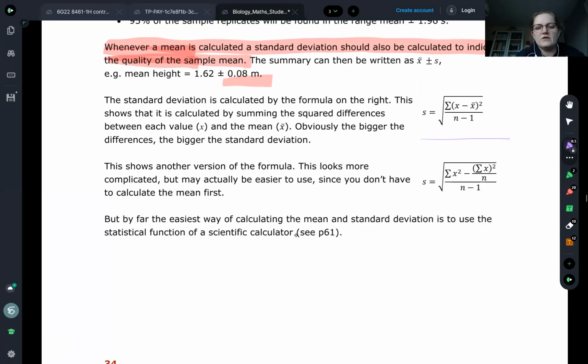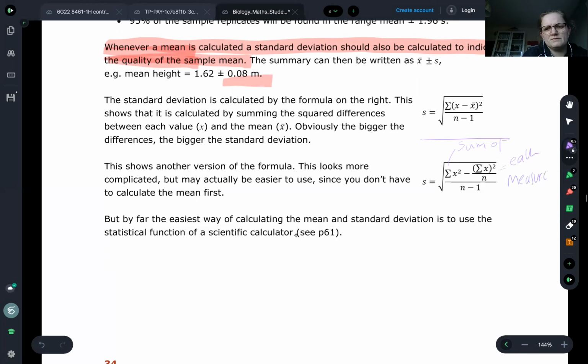Then this is each measurement, if you're working out standard deviation for each measurement, and n is then your total number of measurements.